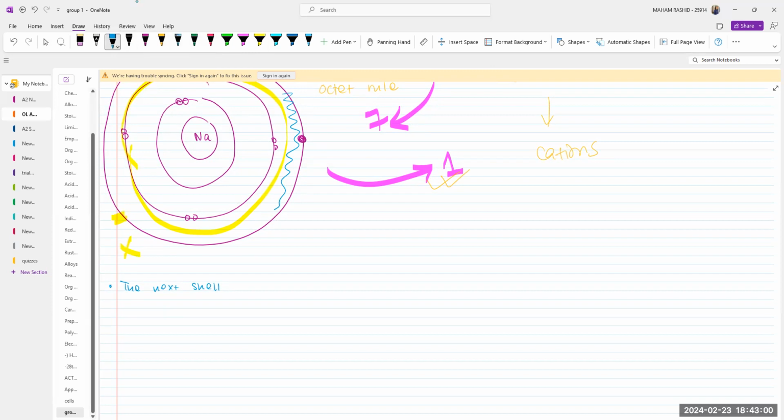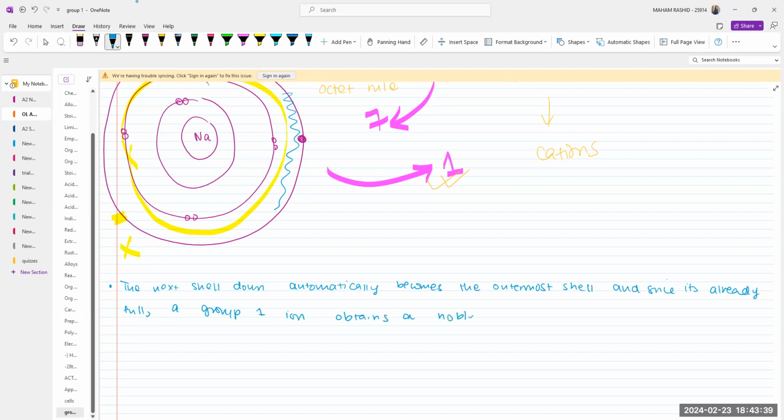So the next shell down automatically becomes the outermost shell. And since it's already full, a group 1 ion obtains a noble gas configuration.